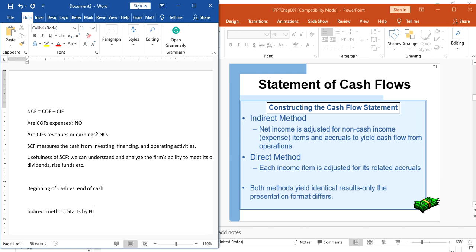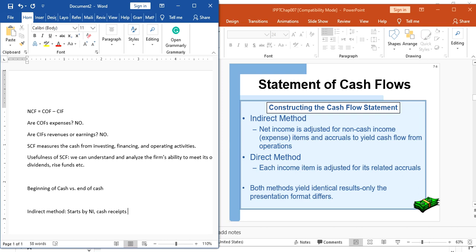So at the top of the statement we will give net income, and then this will be followed by cash receipts, like cash inflows specifically from the customers.